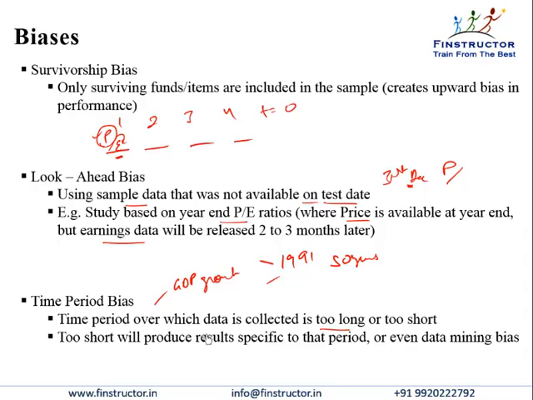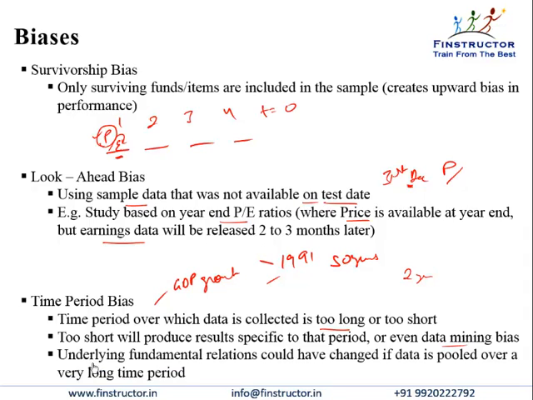If I keep the time period too short, that is only the last 2 years of GDP growth, then that again may not be a representative sample, that may have a data mining bias, or that will produce results that are not statistically significant. With too long a time period, underlying fundamental relations could have changed if data is pooled over a very long time period.